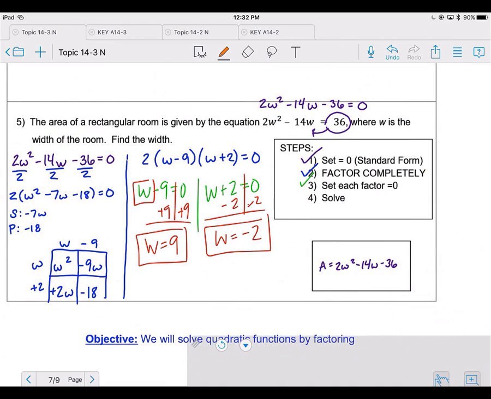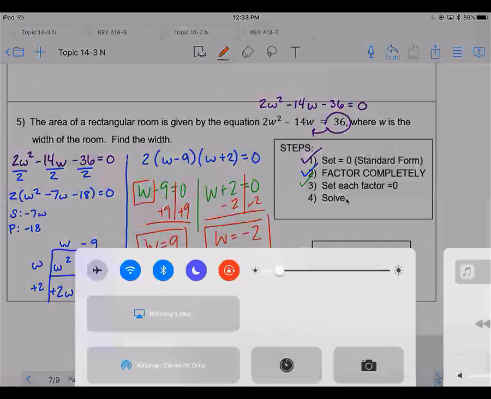Now, the only problem here is that you cannot have a negative width. I cannot say the room that I'm sitting in right now is 20 feet by negative 15 feet because negative 15 feet doesn't make any sense. So if I have a width of 9 or a width of 2, I can't use a negative 2.